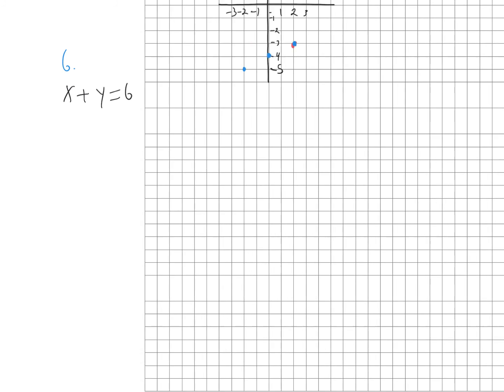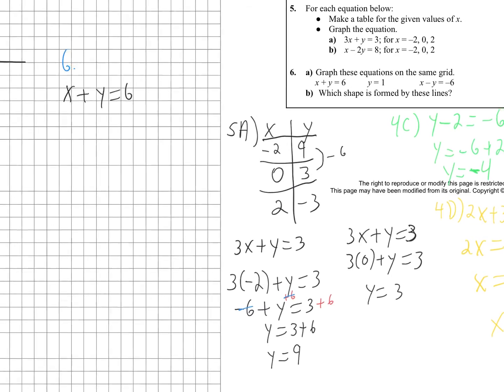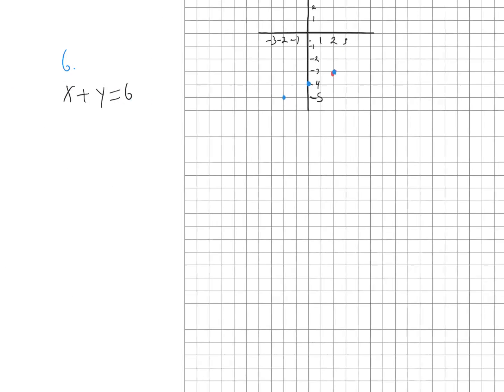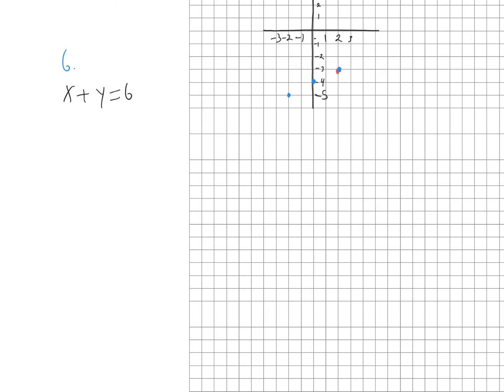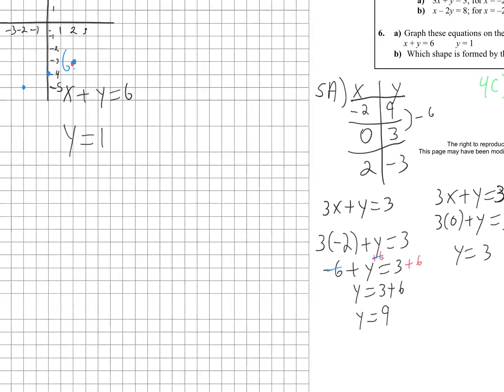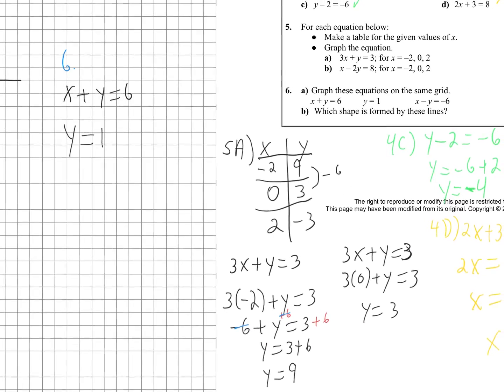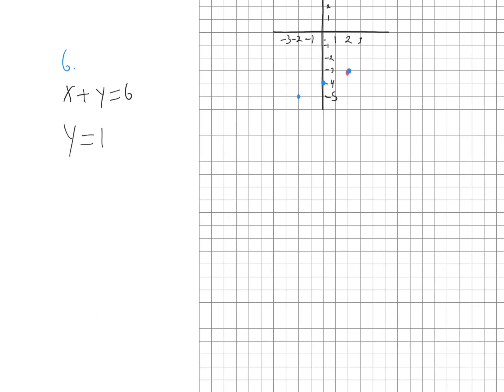The next equation we have is y equals 1. And then we have x take away y equals -6. So the third equation is x take away y equals -6.